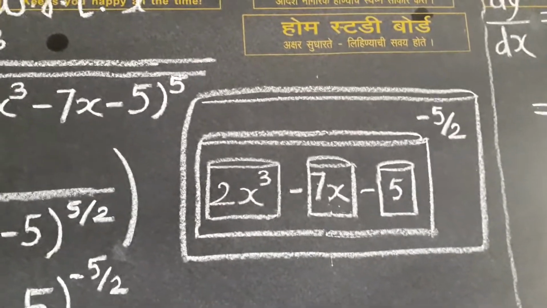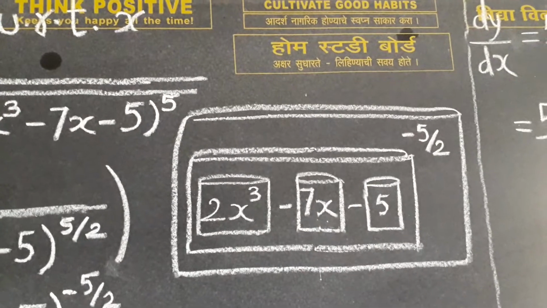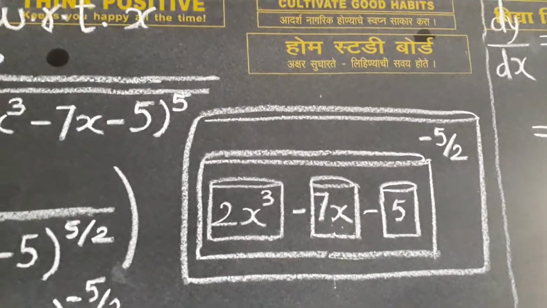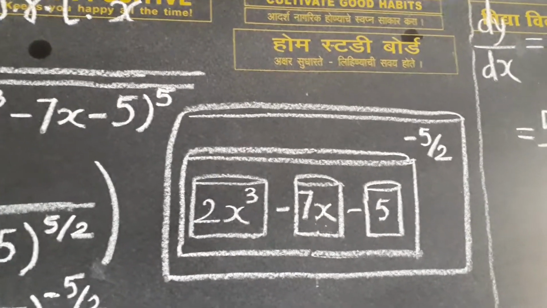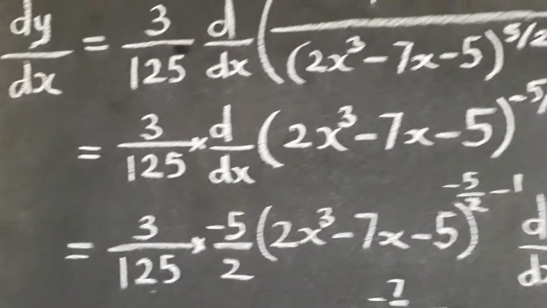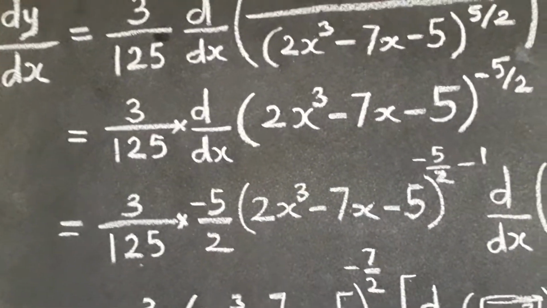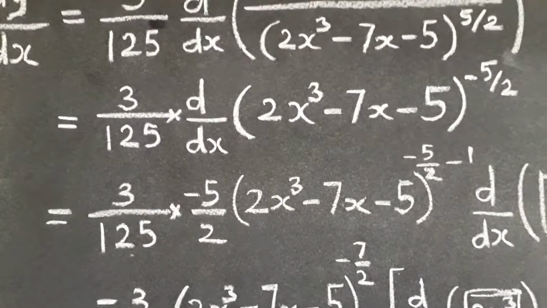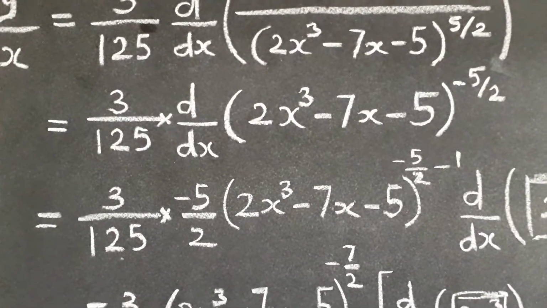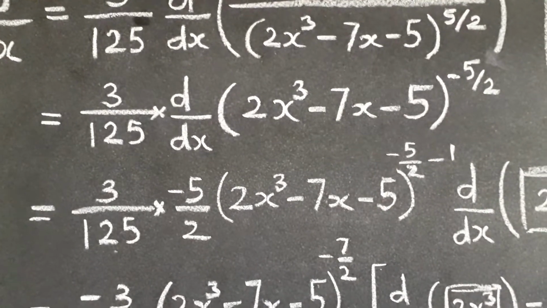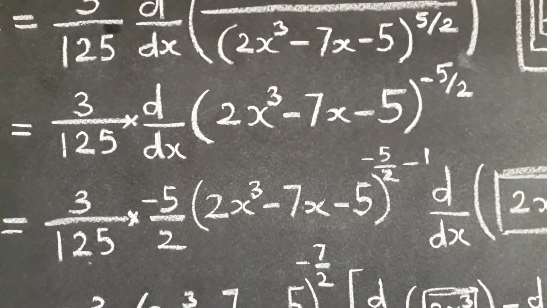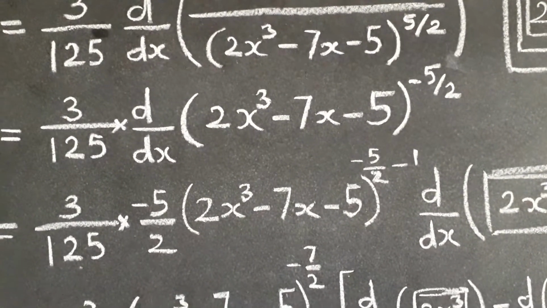Okay, doesn't matter, we will first find the derivative of the outermost box. We just open out the outermost box, which is of the type x raised to n. Using the formula we get 3 by 125 multiplied by n, here n is minus 5 by 2, into the inner box raised to minus 5 by 2 minus 1, that is n minus 1.